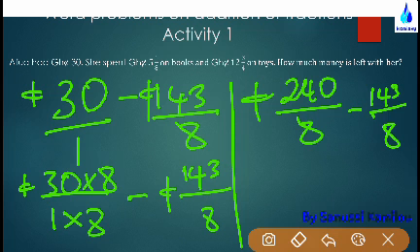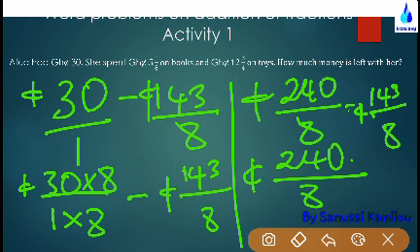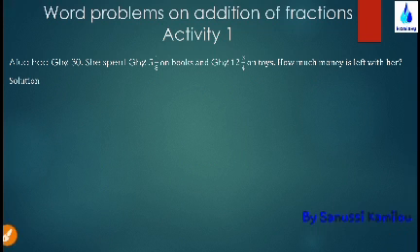Are we having the same denominators? Well done. Then it means we can just subtract our work without wasting time. We keep the denominator and subtract what is at the top, minus 143. This one is not a problem. Is it a problem? No.